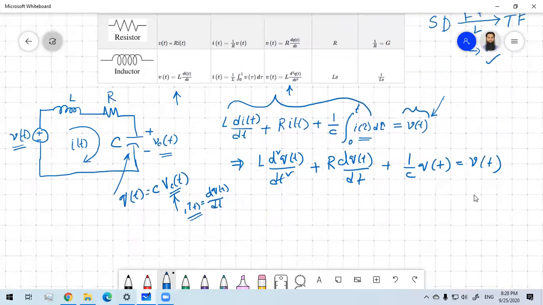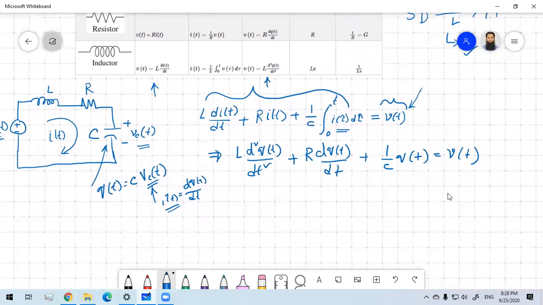Okay, so all the terms here are now in terms of the charge q, and now q can easily be replaced by C vc.